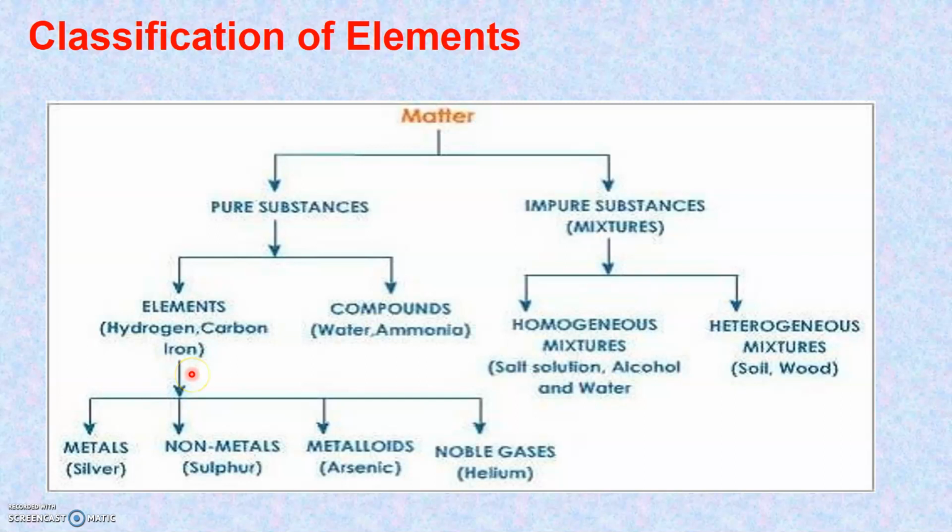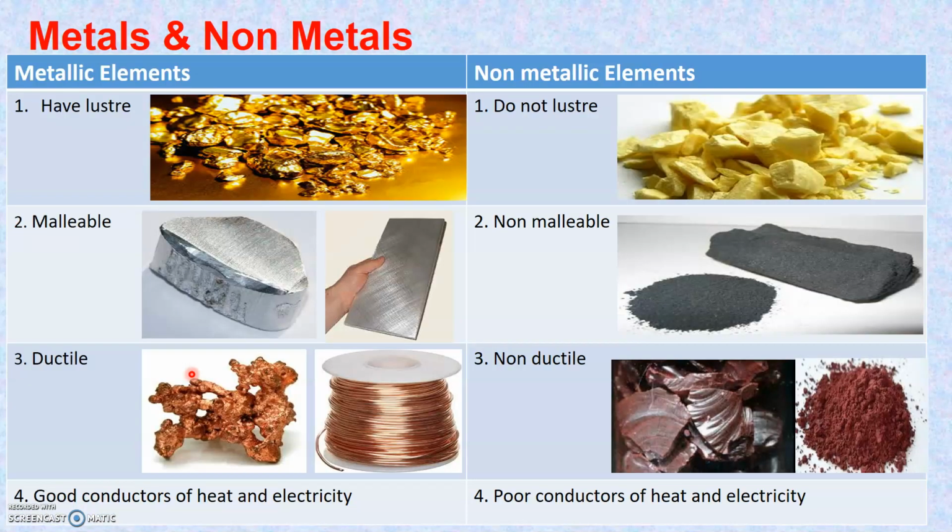Let's begin with metals and nonmetals. In nature, the elements that are present are mainly classified as metals, nonmetals, metalloids, and noble gases. Let us learn these metals and nonmetals by comparing a metal and a nonmetal.